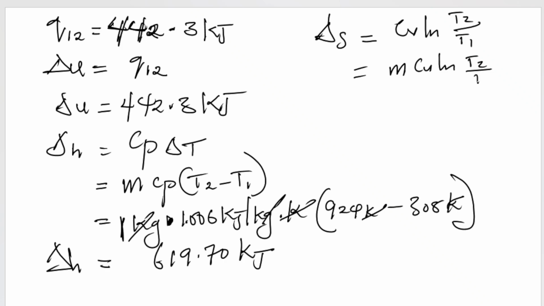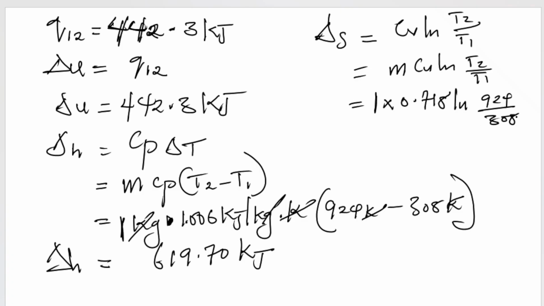Inputting the values, we already know our mass to be 1 kilogram multiplied by your Cv. What's your constant volume specific heat? We have it to be 0.718 ln 924 divided by 308.